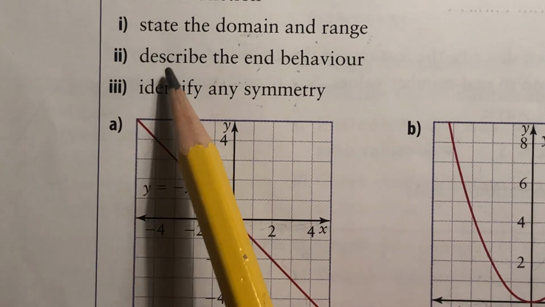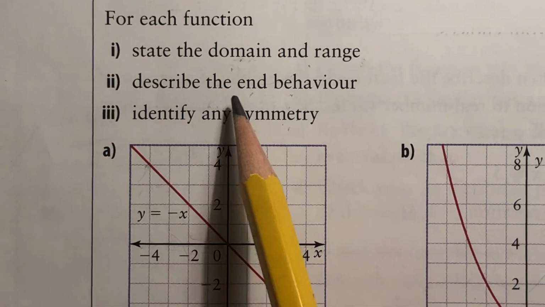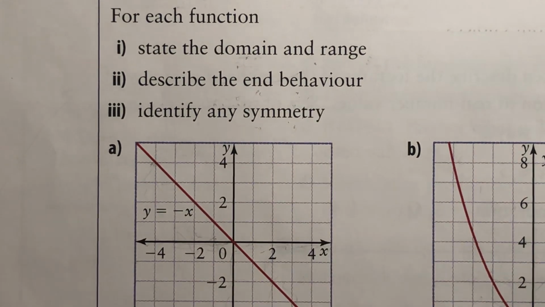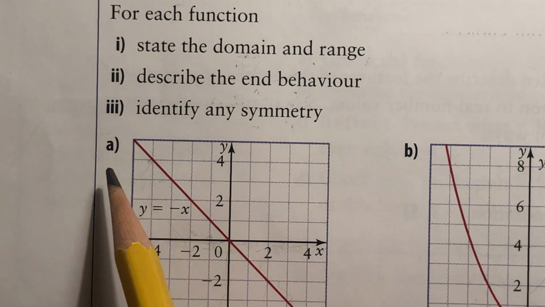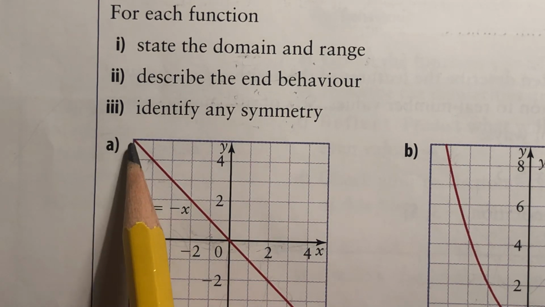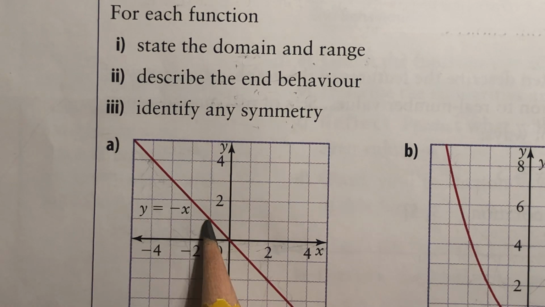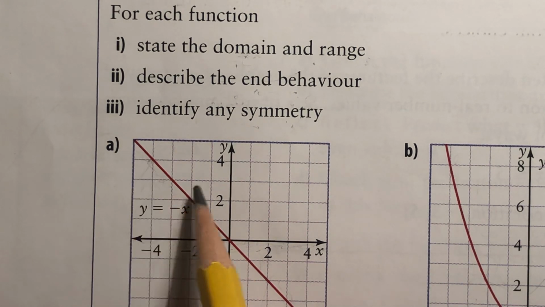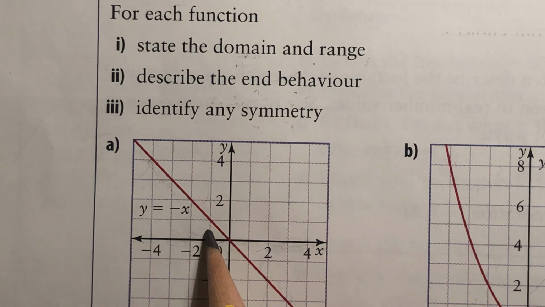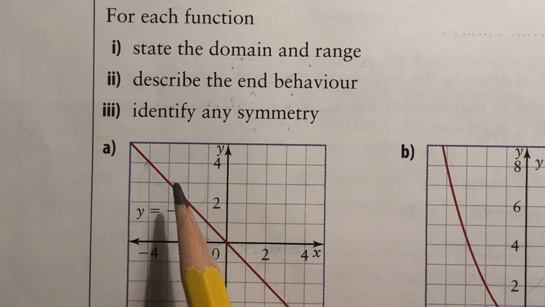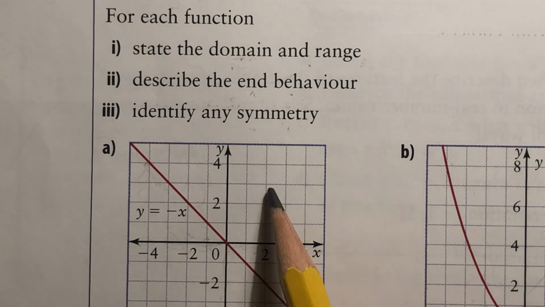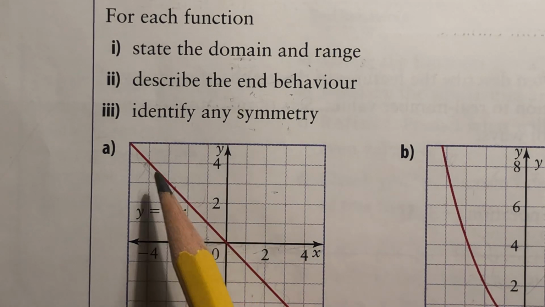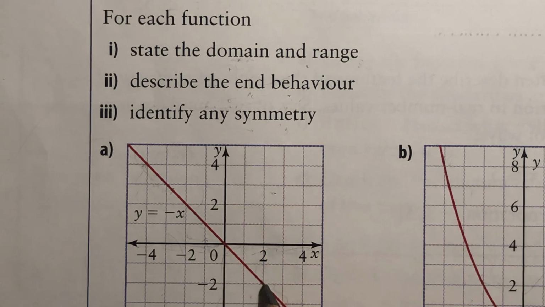Oh, not yet. In Example 2, you want to describe the end behavior. How do I describe the end behavior? You trace the graph from the left side to the right side. So you trace like this. You start from the second quadrant and you end at the fourth quadrant.